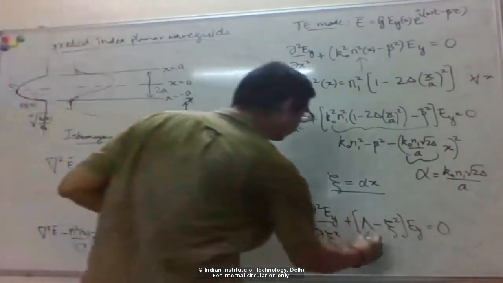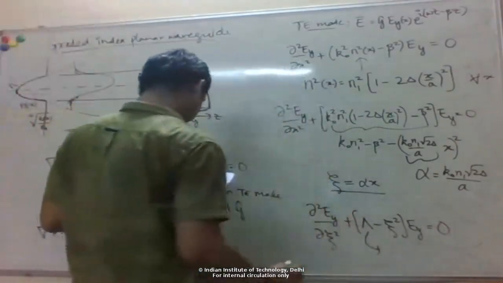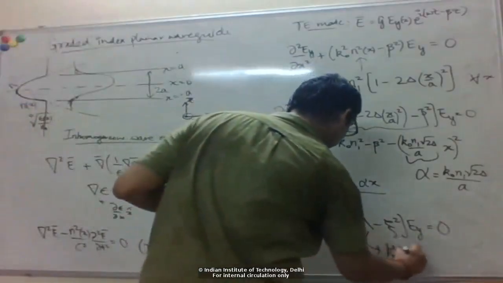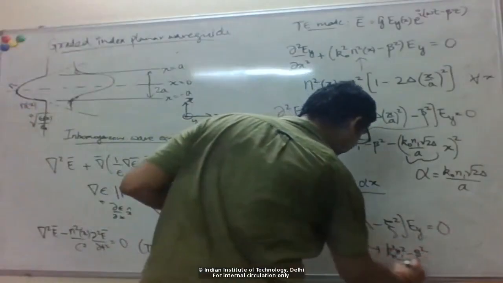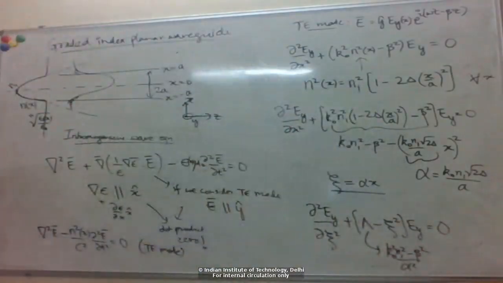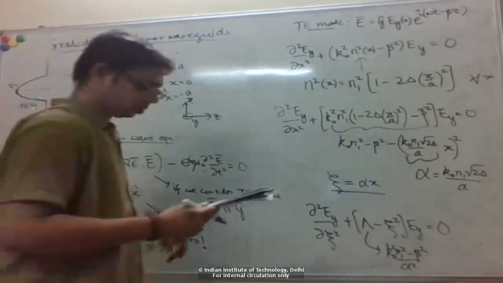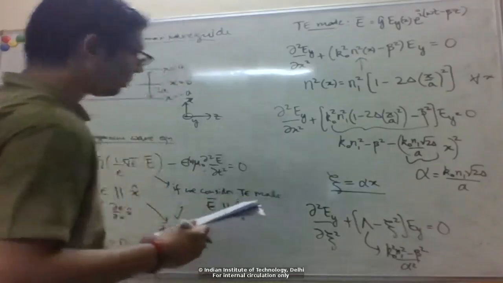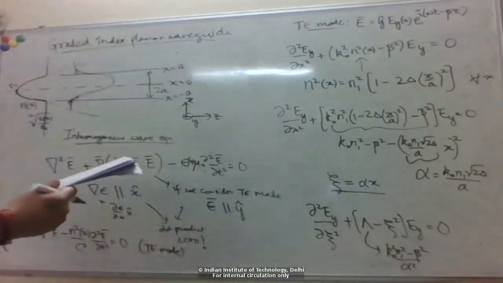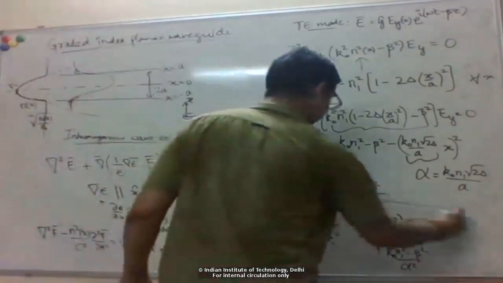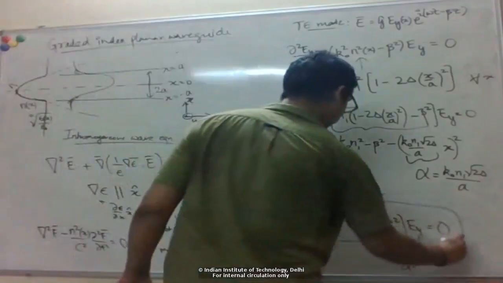Okay, and this capital lambda here, this is k0 square minus beta square divided by this alpha square. So we end up with this simple looking differential equation here that we need to solve.